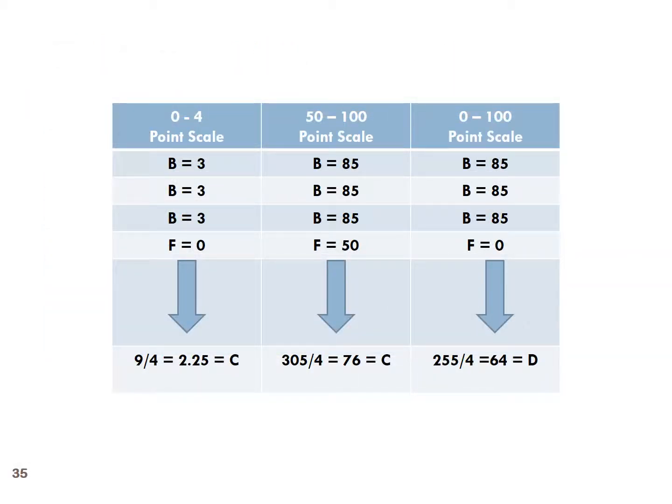Here is a summary of the 3 different grade scale calculations averaging results. When F equals 0 to 59 points, it will inaccurately and unfairly deflate grades.